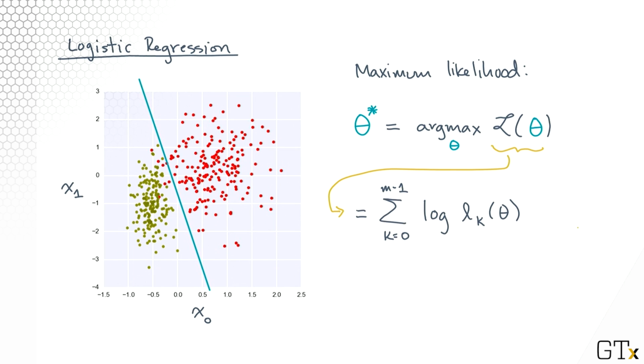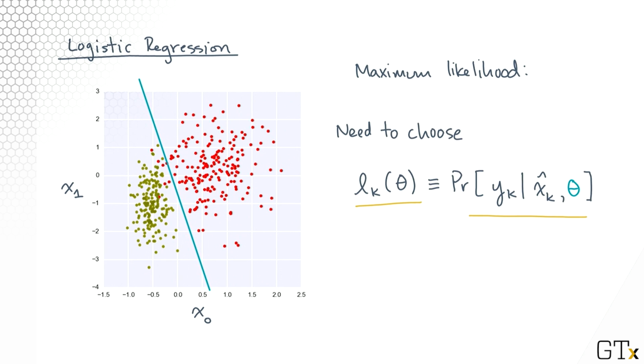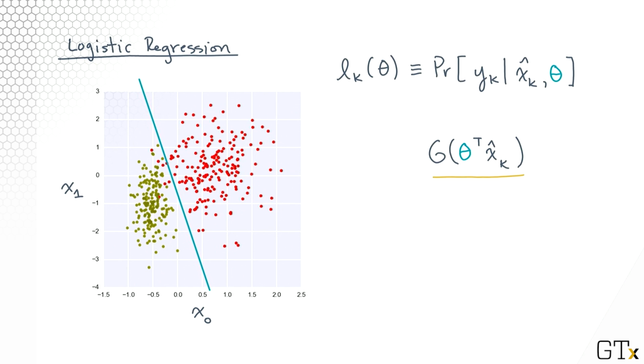Then, the log likelihood can be written as the sum of the log likelihoods for each observation k. And remember, this little lk function is just the likelihood of an observation. So that's the conditional probability of the observed label, yk, given its coordinates x hat k and theta. So let's determine this function now.